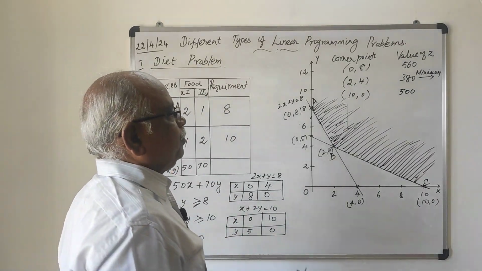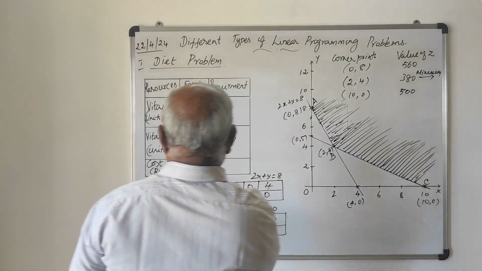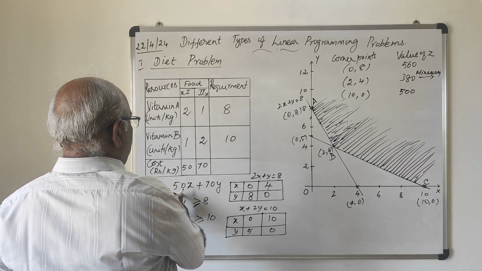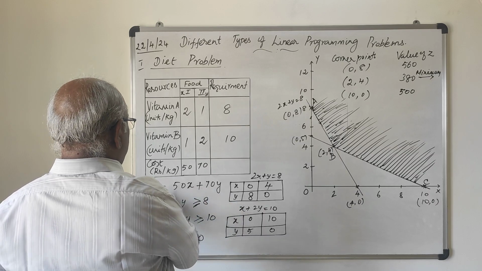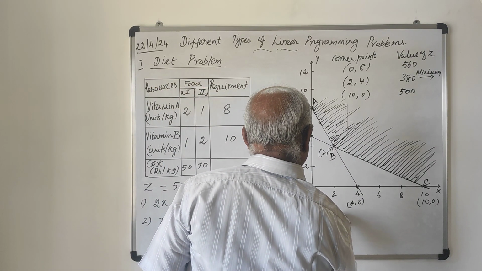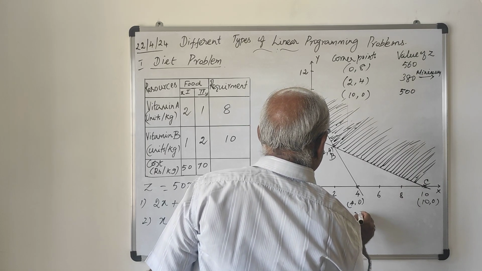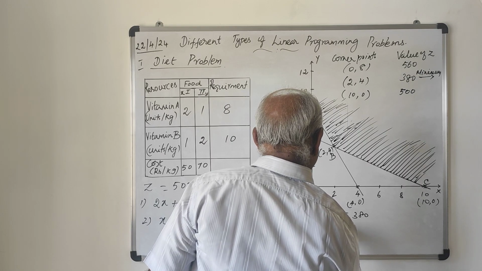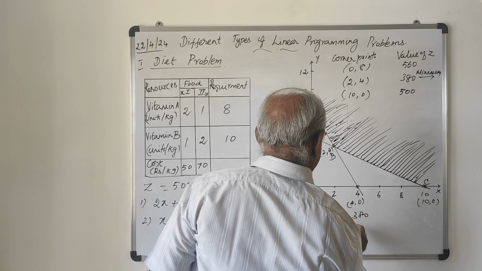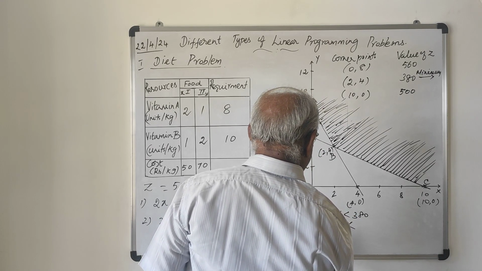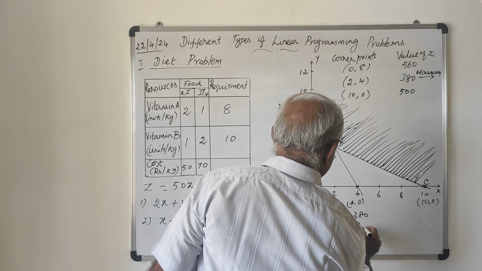That is the problem. For example, this line you can substitute: 50x plus 70y equal to 380. This is 5x plus 7y, which is less than, because this is a minimum cost. 5x plus 7y equal to 38.